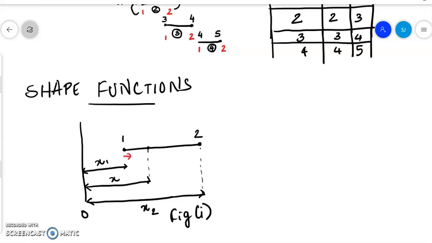Let us say that at node 1 the displacement is q1, at node 2 the displacement is q2, and we want to find out what is u of x at point x from the origin. So this is how we are going to interpolate.